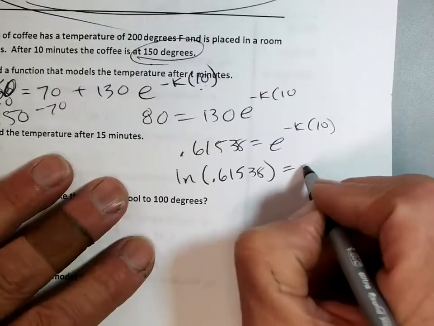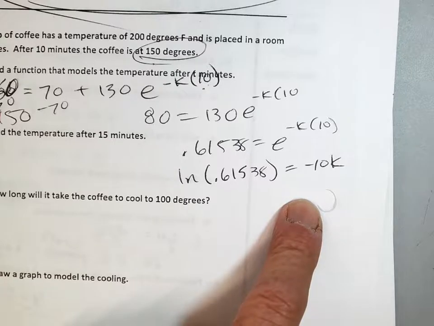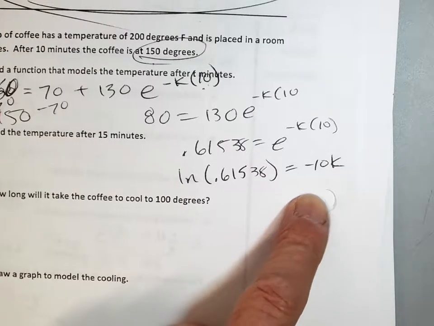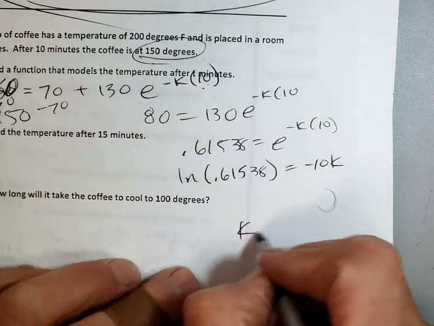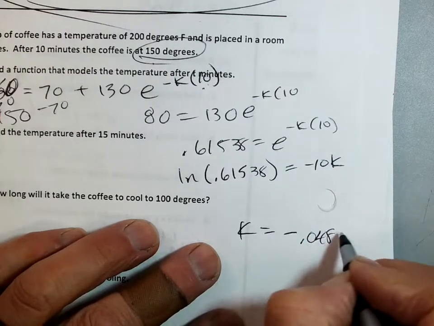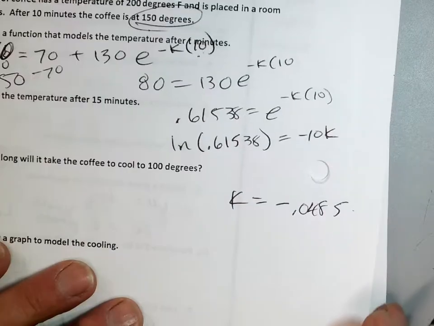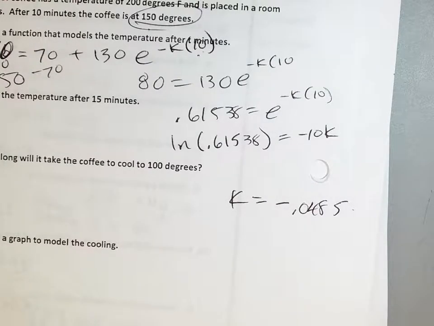Equals negative 10k, and I'll divide this by 10, so I'll go ln of that answer divided by negative 10, and I get k to be, so k turns out to be negative 0.0485.